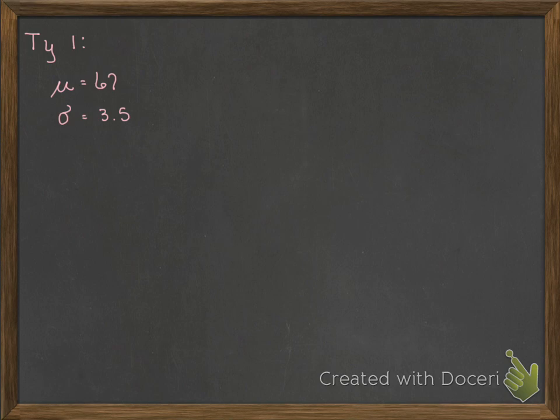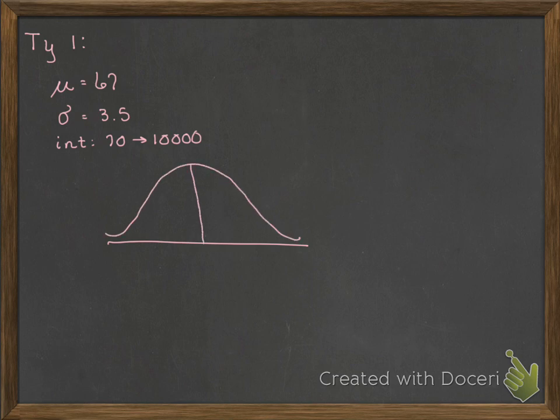What is the probability that it is violating the speed limit of 70 miles per hour? So our interval is going to go from 70 to 10,000 because you've got your mean here of 67, he's right about here at 70, and we're looking for the probability that he is going greater. So we have to the right of that raw score of 70.